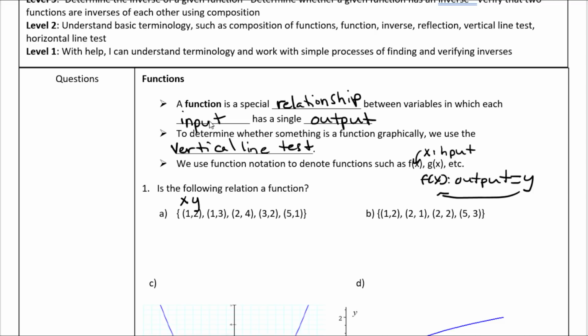Well, if you look at these two, you have the same input leading to two different outputs. So therefore, this is not a function. Because remember, the definition of a function is that each input has to have a single output. It can't have different outputs.